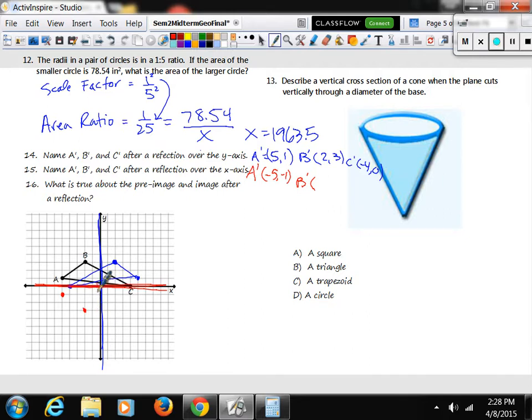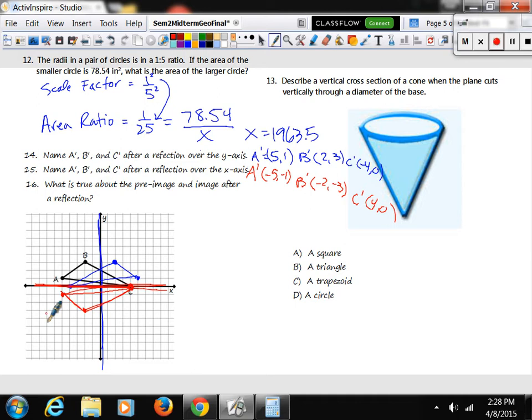So that's going to be 2, negative 3. And C prime is actually going to stay right there because that's the x-axis. So that's still going to be at 4, 0. And so that triangle, if you folded it on the x-axis, would be this red triangle down here.